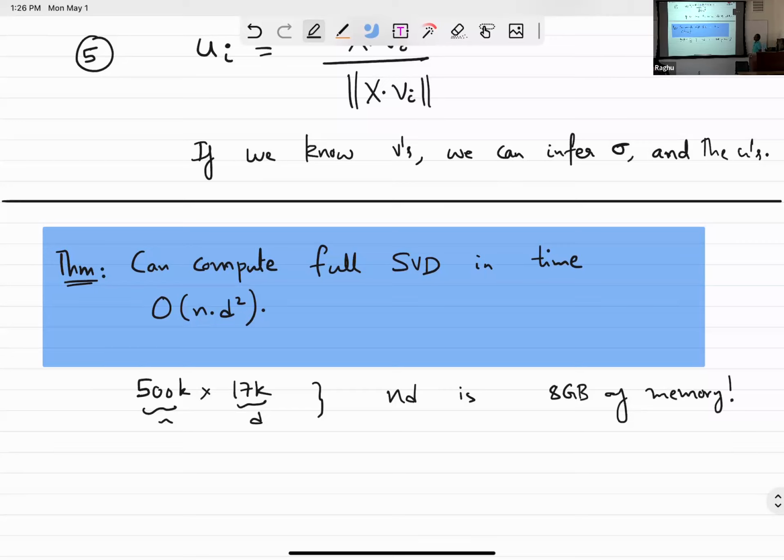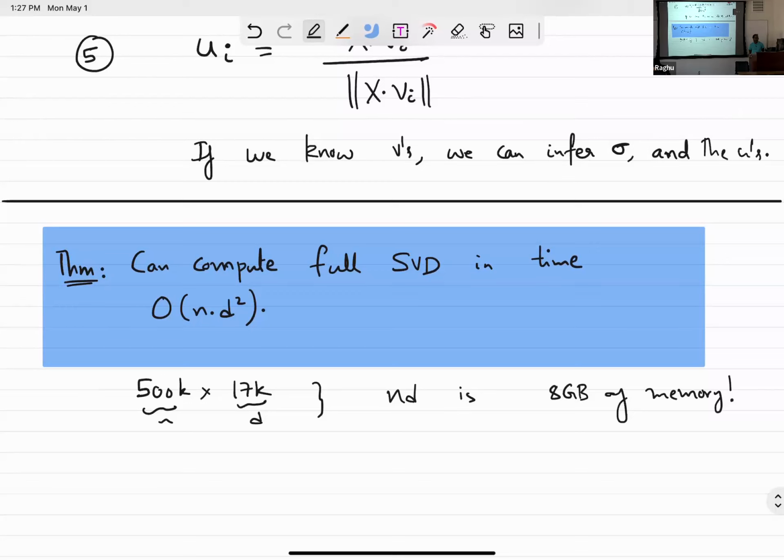Even now, 8 GB, 16 GB of memory is not that easy, right? So even to load a big matrix like this is going to take up all of your RAM. Forget computing it. Not going to happen. Well, what's the saving grace? If you want to compute the full SVD, you cannot do better than n d squared. There's no way around it.